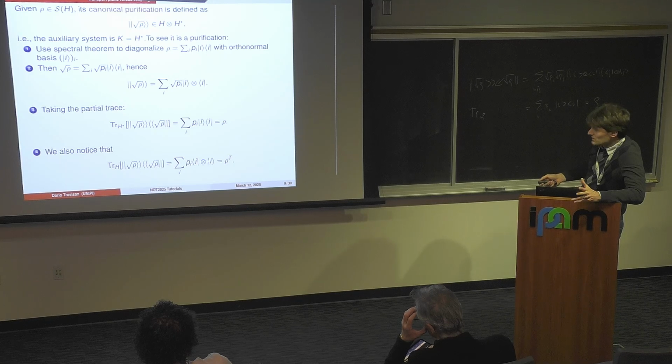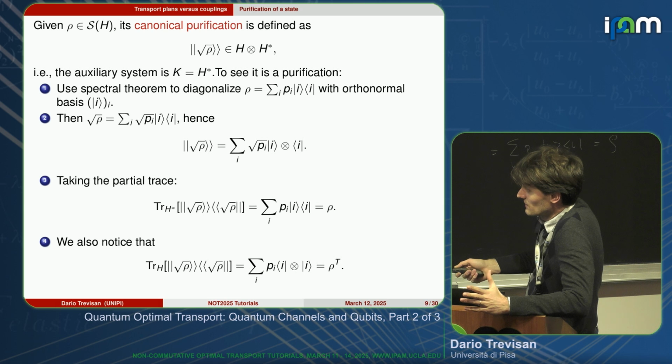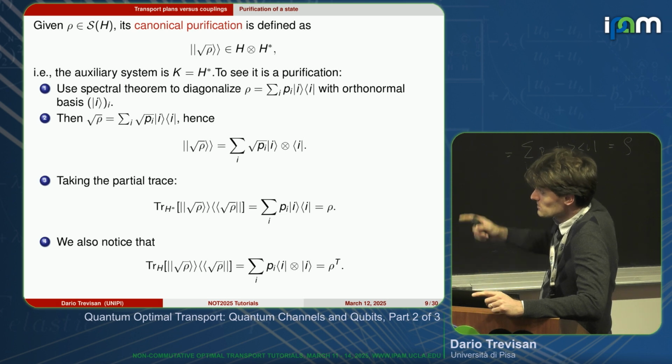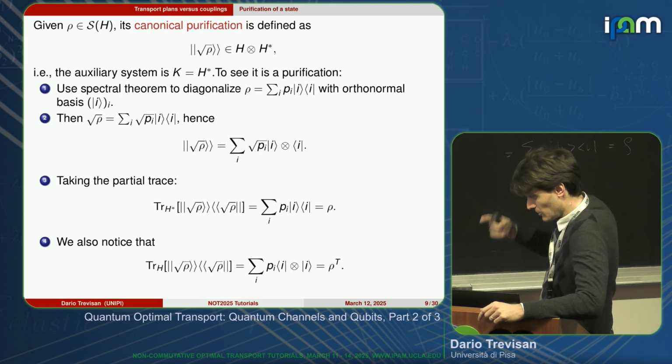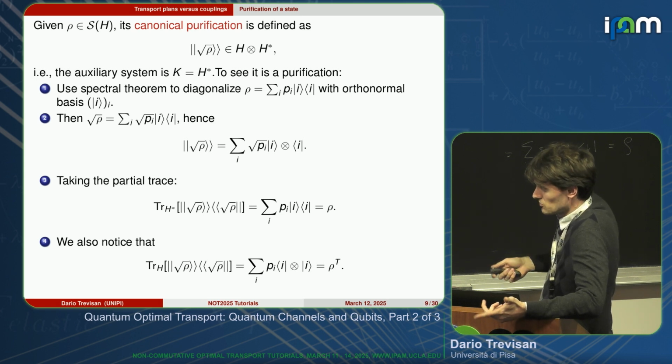Here there should not be a tensor, it should be simply a space. So you always end up with an expression which really resembles this one, but with i and j inverted in the role of bra and kets, because this must be an operator on H star, from H star into H star.